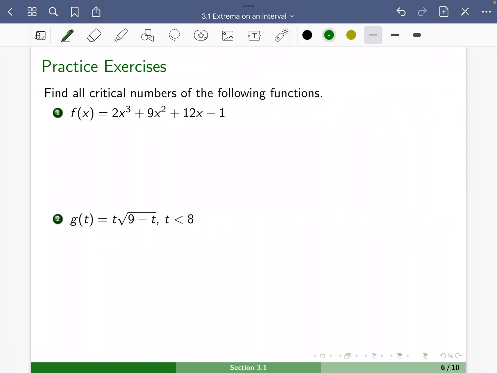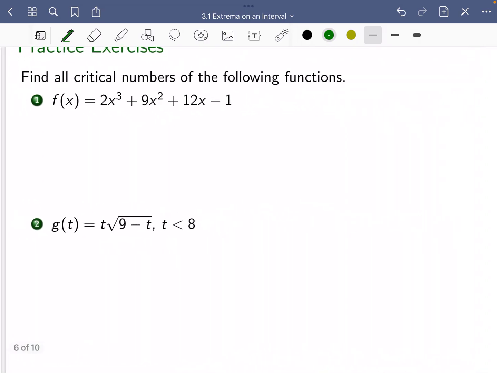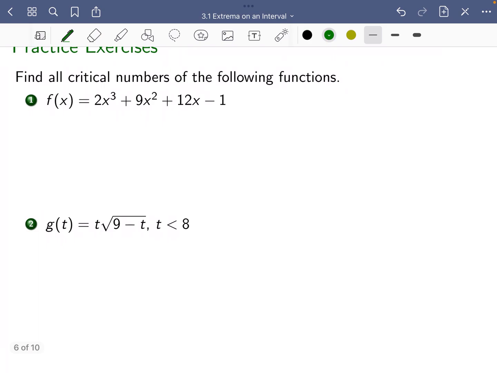All right, so let's take some time and practice finding critical numbers. Here we have: find all critical numbers of the following functions. f of x is 2x cubed plus 9x squared plus 12x minus 1. Then our derivative is going to be 6x squared plus 18x plus 12. What are we going to do with that derivative? We are going to find where that derivative equals 0.